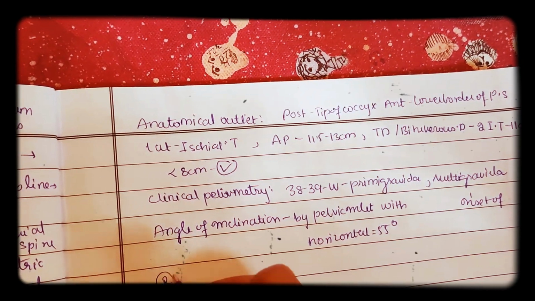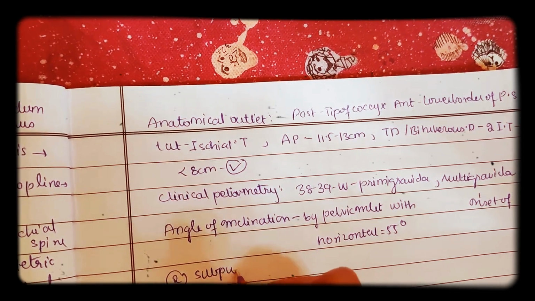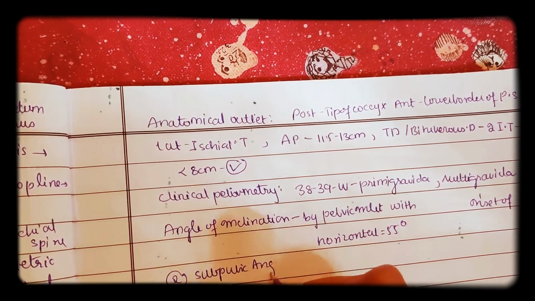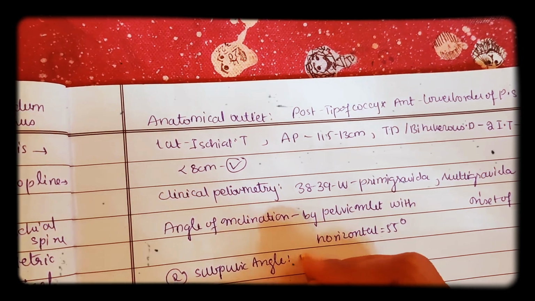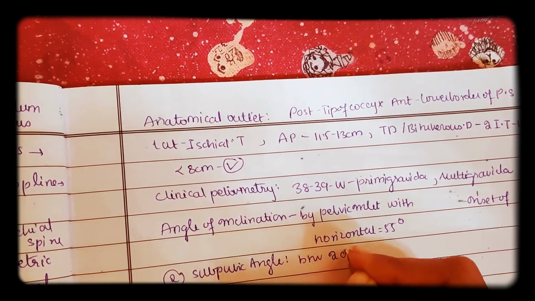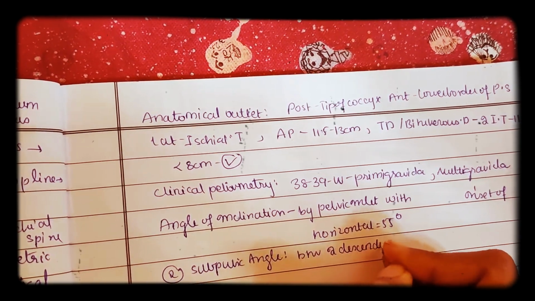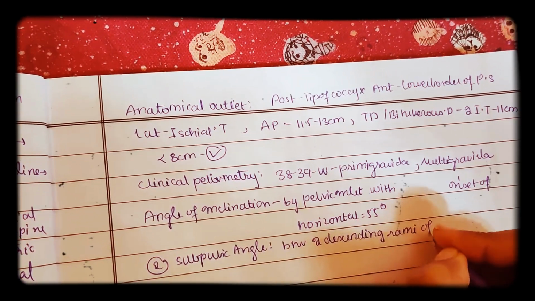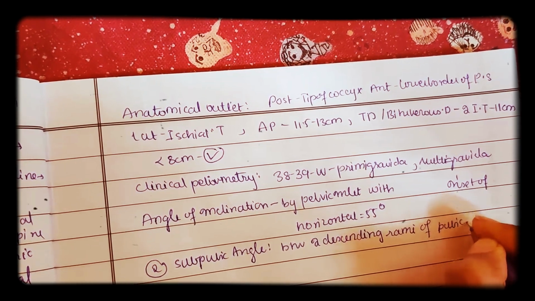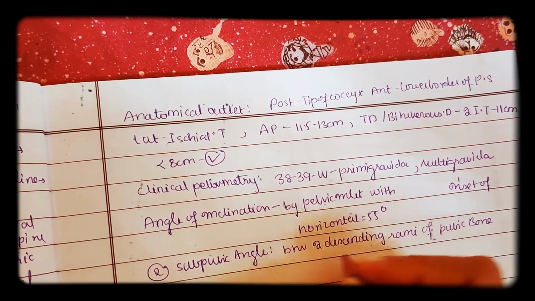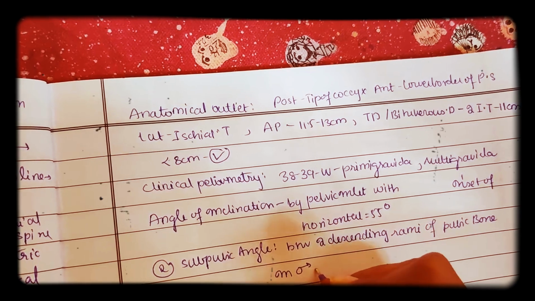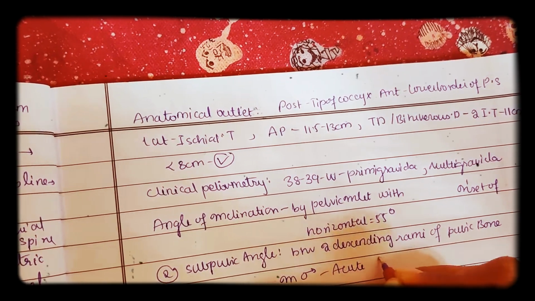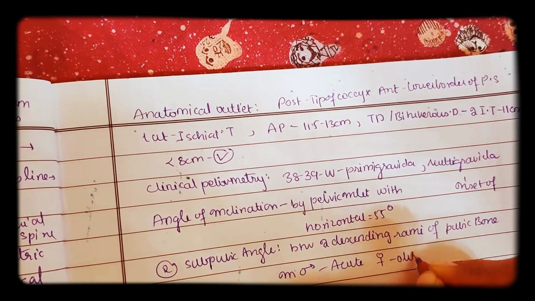Next, coming to another angle, the subpubic angle, which is an angle between the two descending rami of the pubic bone. In males it is acute, in females it is obtuse.